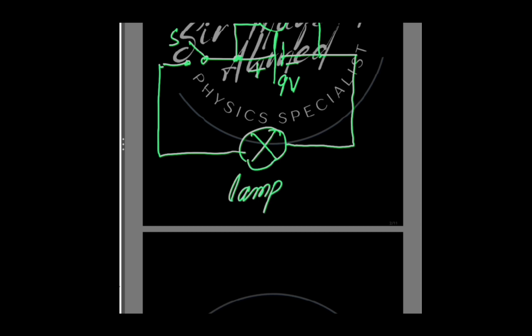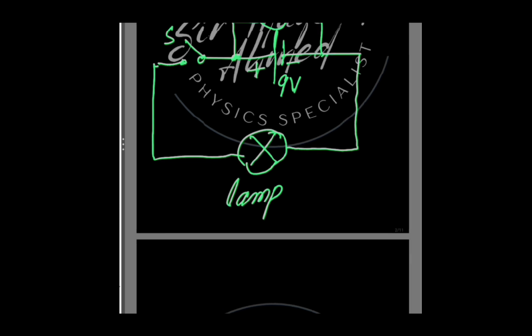Voltmeter is connected across the battery. E.M.F is the voltage of the power supply or battery. Here in this circuit diagram, our E.M.F is 9 volt because we have taken 9 volt battery.